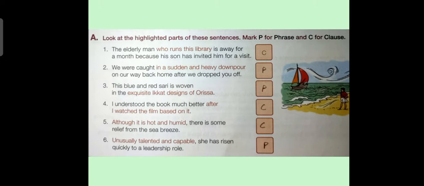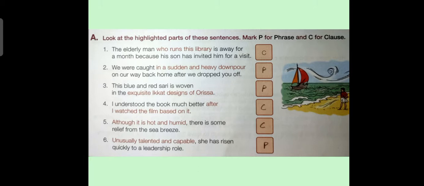As you can see, who runs this library is written here. There is a subject, verb, and object given over here. So, this is a clause. That's why they have written C in front of sentence number 1.